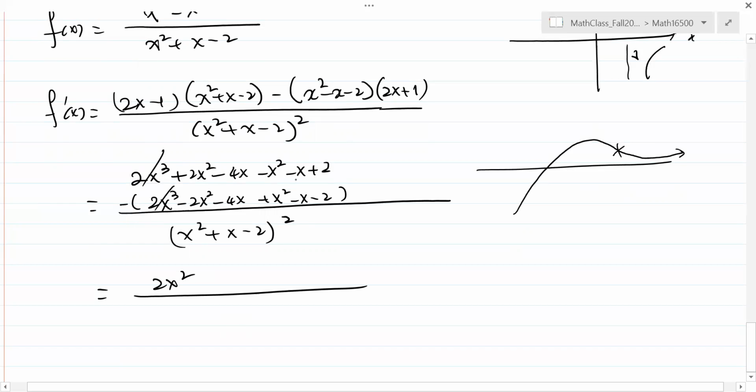Then I have a negative 5x minus negative 5x. It's gone. Negative 2 minus negative 2 is plus 4. So this is always positive. Always positive means the graph is always increasing.